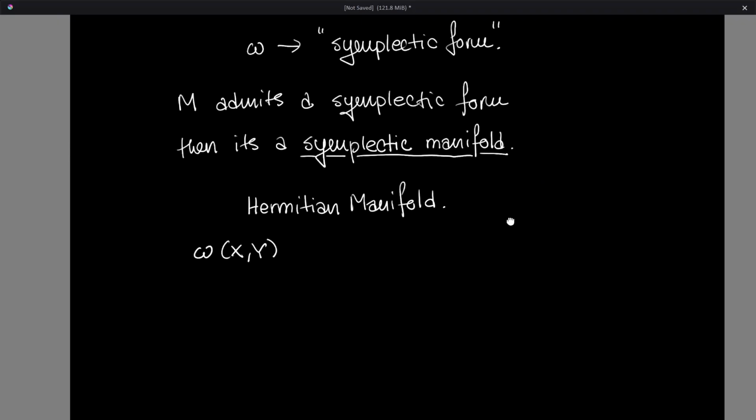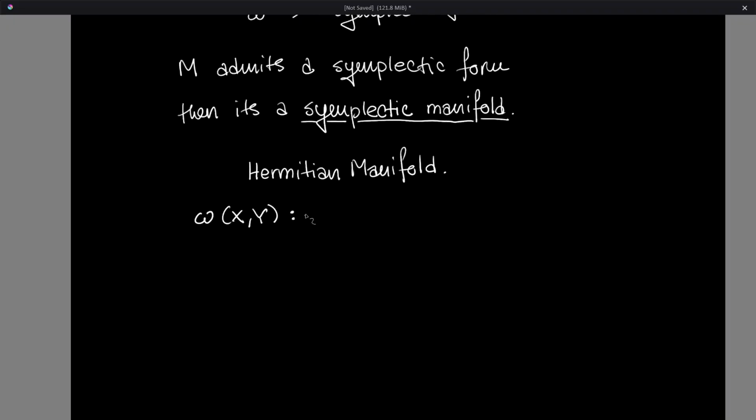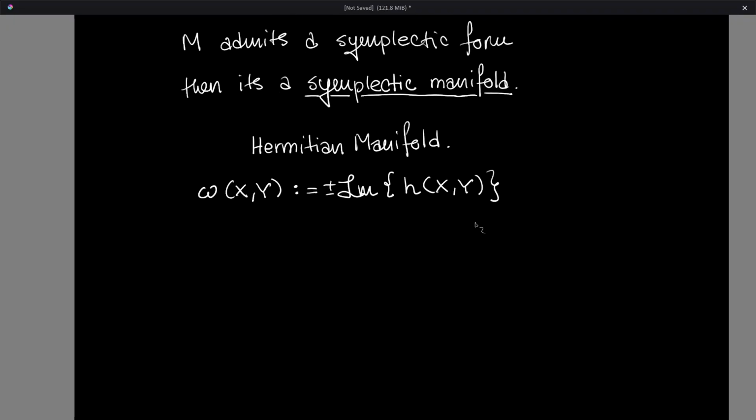We defined it as the imaginary part of h(X,Y), or the negative of it, plus or minus, it doesn't matter. And we showed that this would mean that omega(X,Y) is equal to g(J(X),Y), which means that it needed to be non-degenerate since g is non-degenerate.